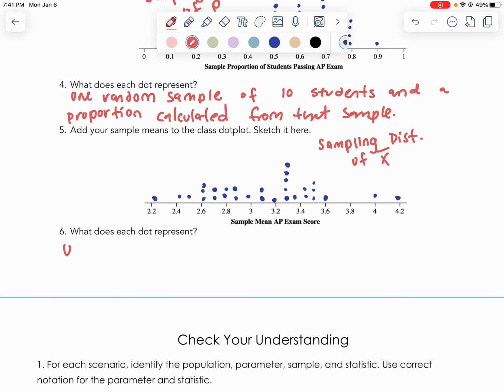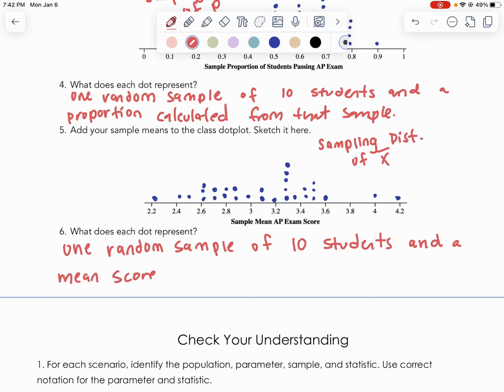Well, it's one random sample of 10 students and a mean score calculated for that sample.